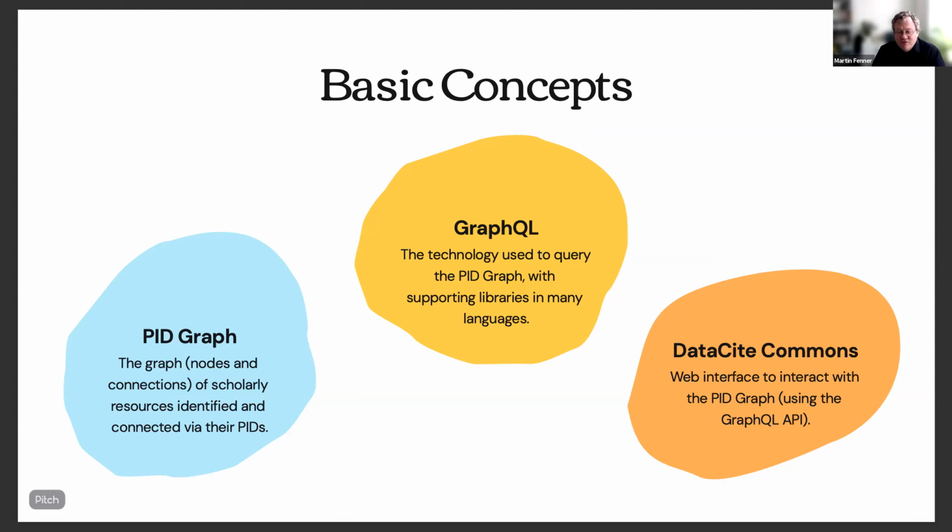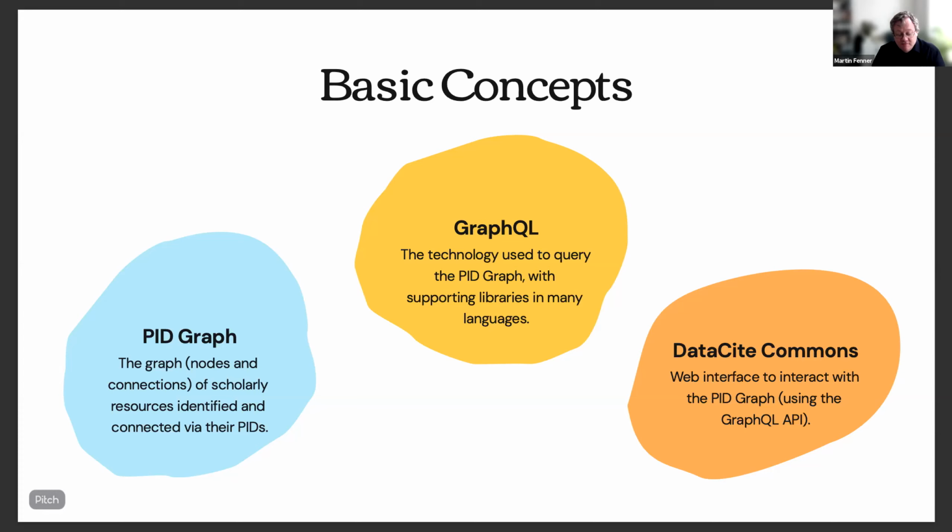If you have never heard of GraphQL, there's not much time in this presentation, but just to say it's a way for APIs to interact with each other, and it's an alternative to REST APIs. It has become quite popular in many places.